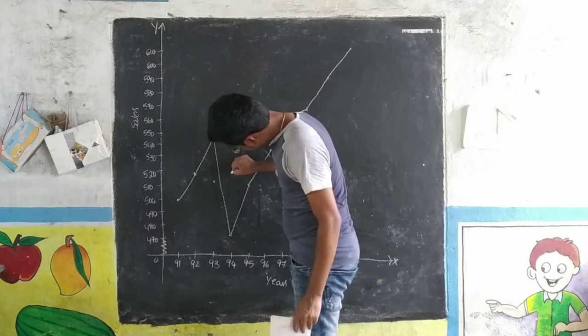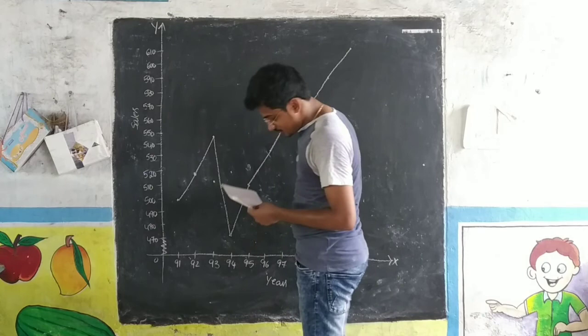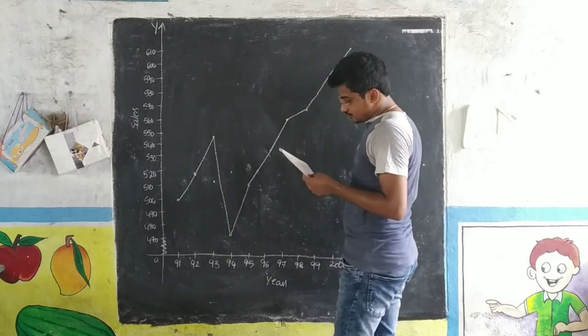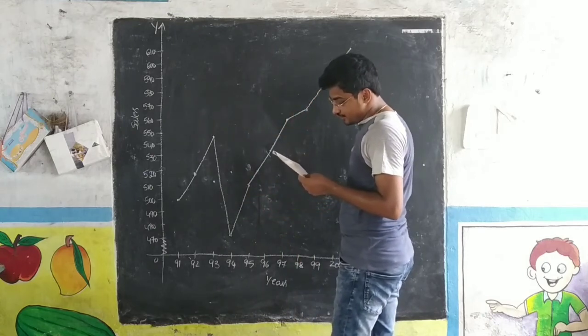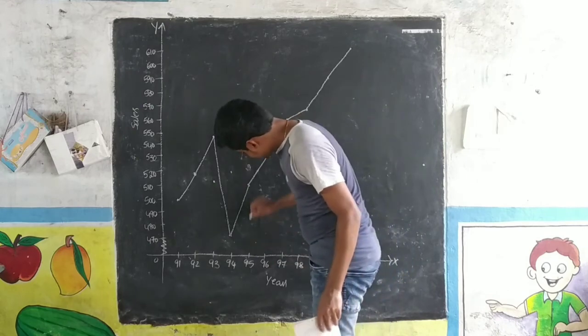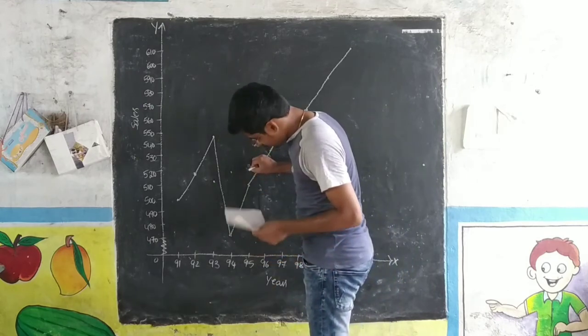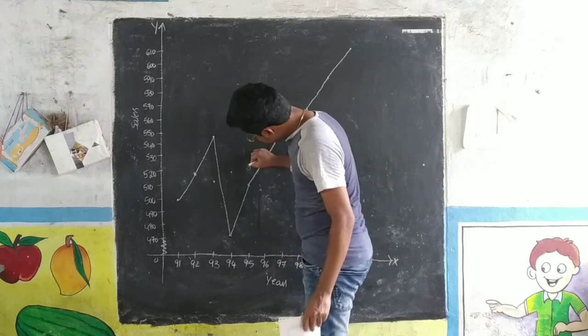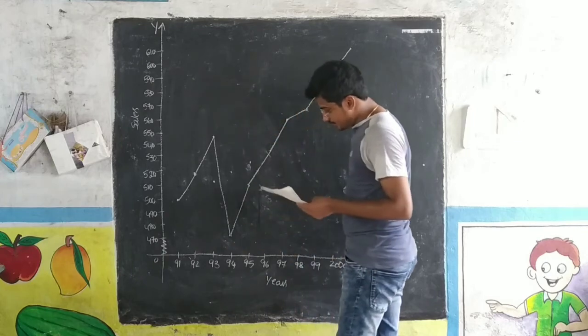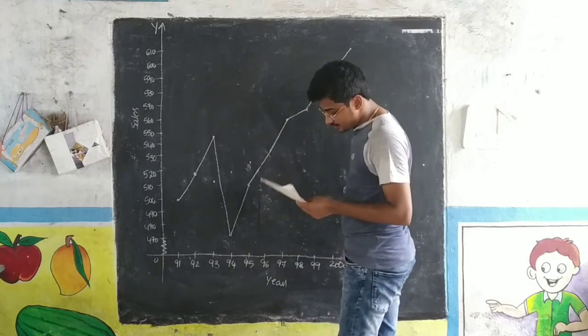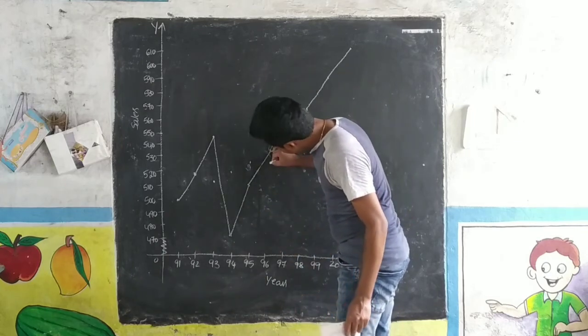Next 1995, value 526. Next 1996, value 530.